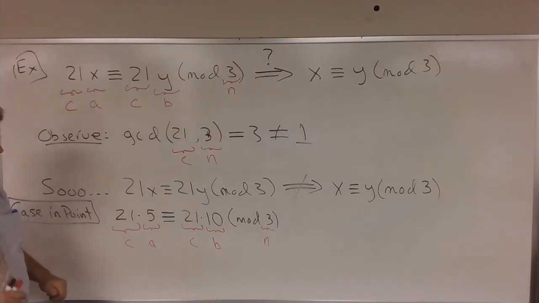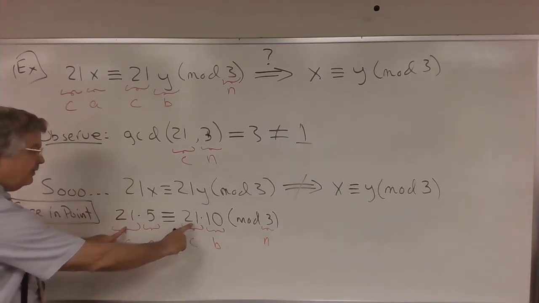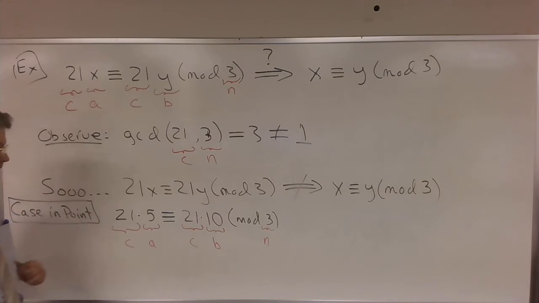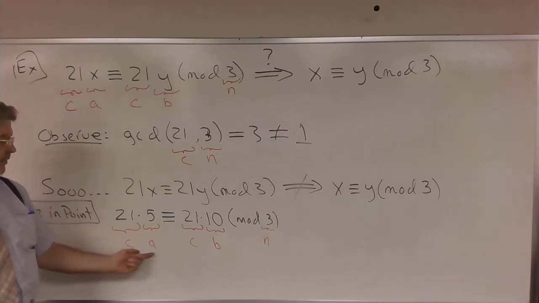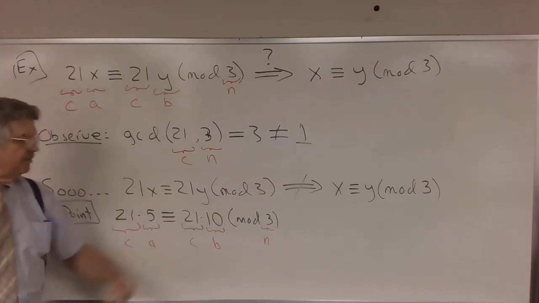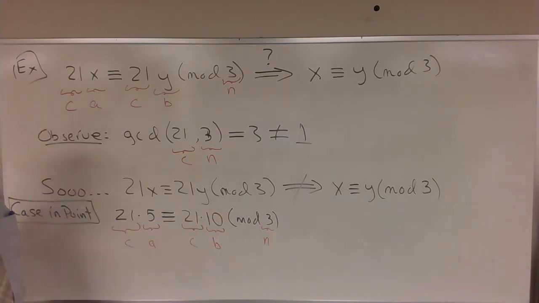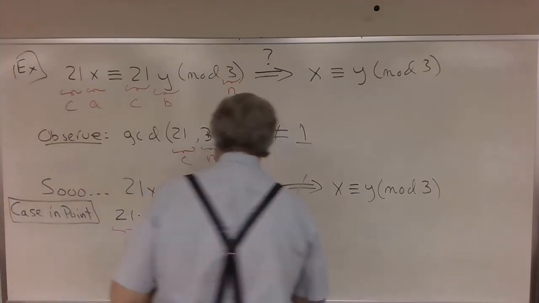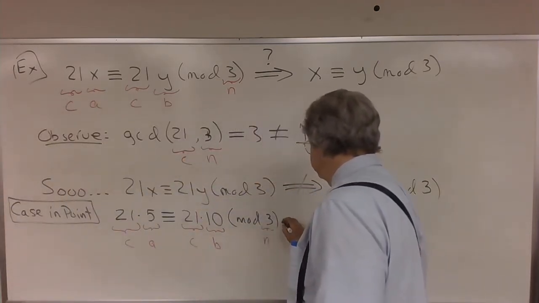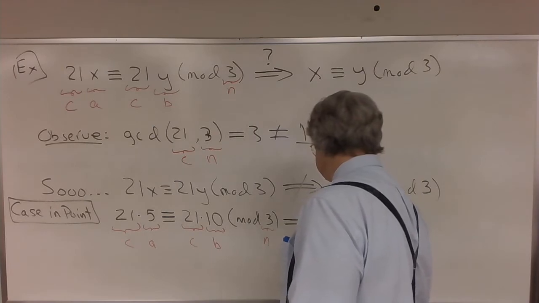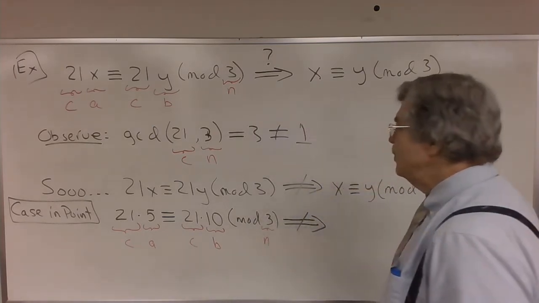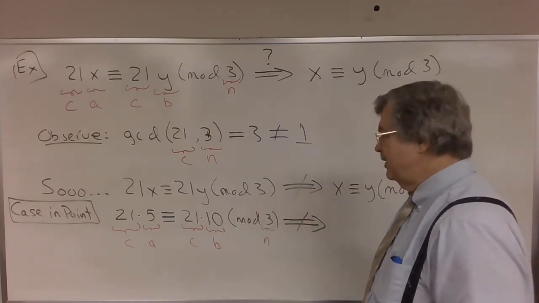So essentially, we're multiplying both sides of this equation by 0. So we have 0 congruent to 0 mod 3. Yeah, that's true. But here's where the negation comes in. We can't cancel the 21s.